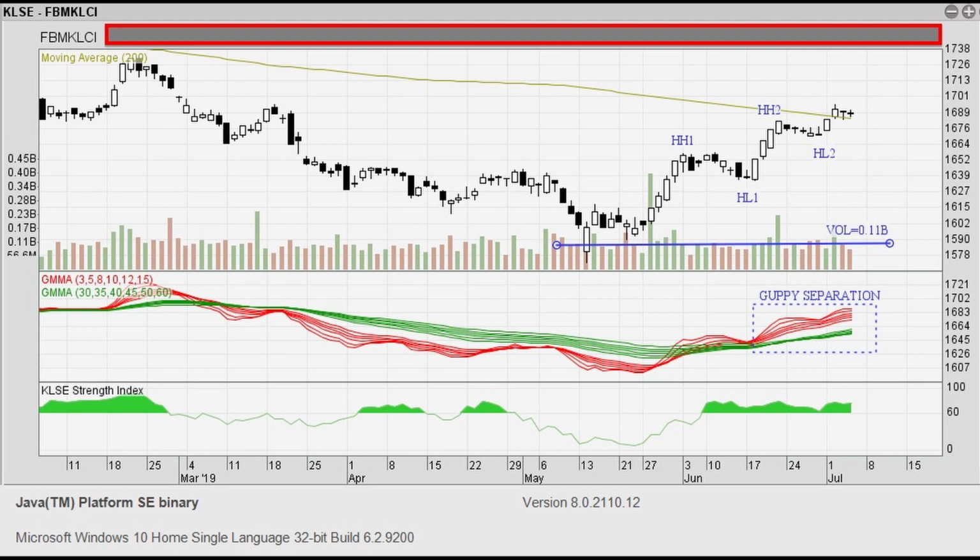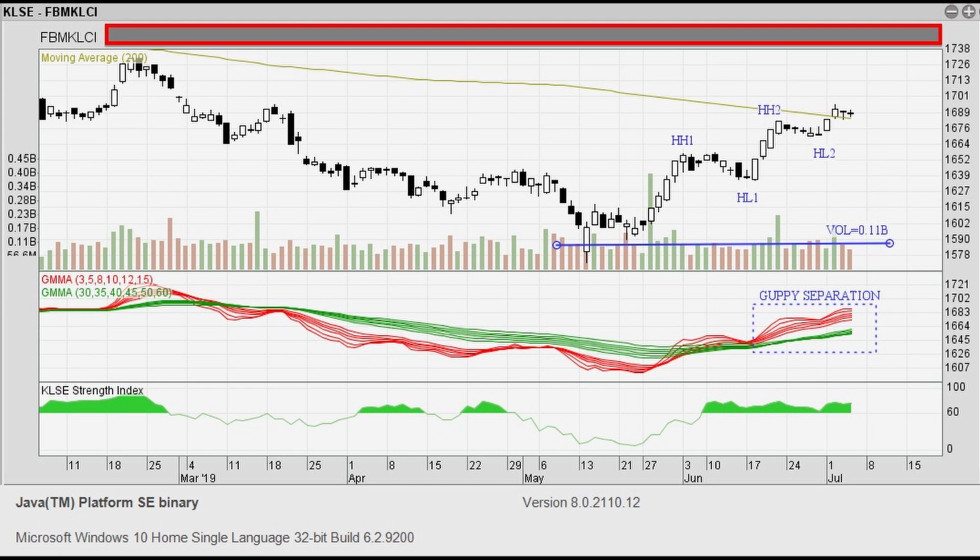As further indication, the second indicator that this is a bull trend, we can now look at the moving average, the 200-day moving average, and the price action for the index has also surpassed above now the 200-day moving average.